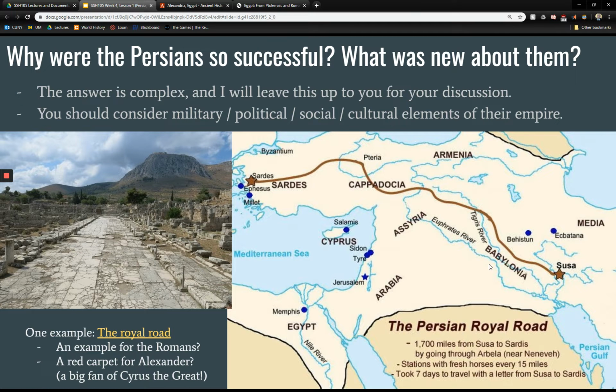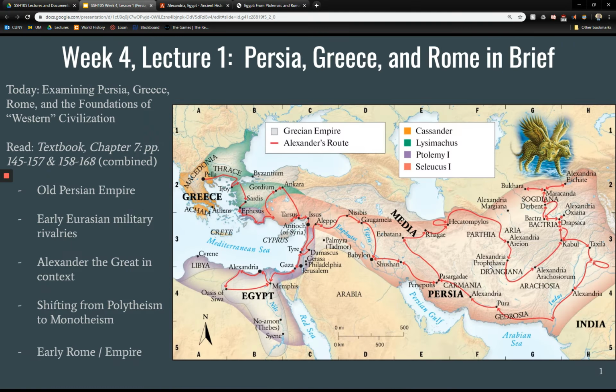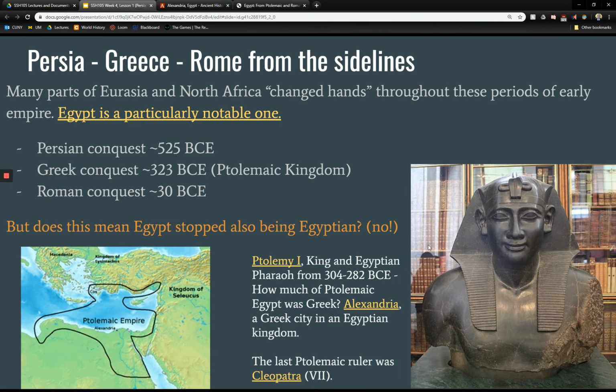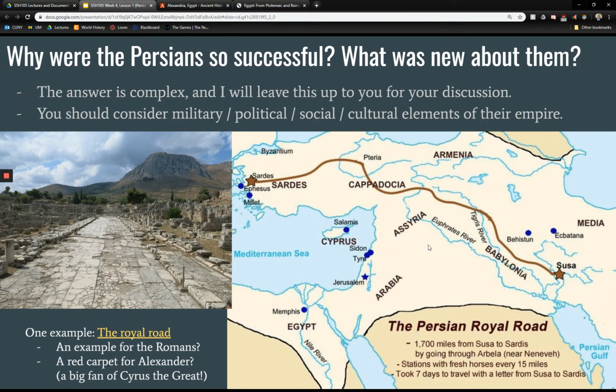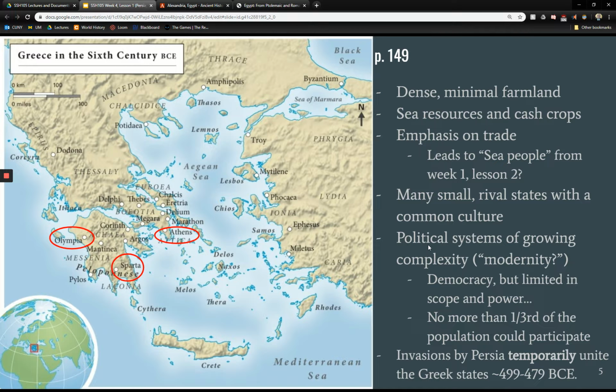So if you compare this royal road here to the conquests of Alexander, which are in these red lines here, you can see that, in fact, while he did take some big detours, like into Egypt, he's following the royal road through much of the Persian Empire. And traveling for him was easier because of the royal road and other trade routes. So both a reason why the Persians were successful and why they fell quickly, this travel.